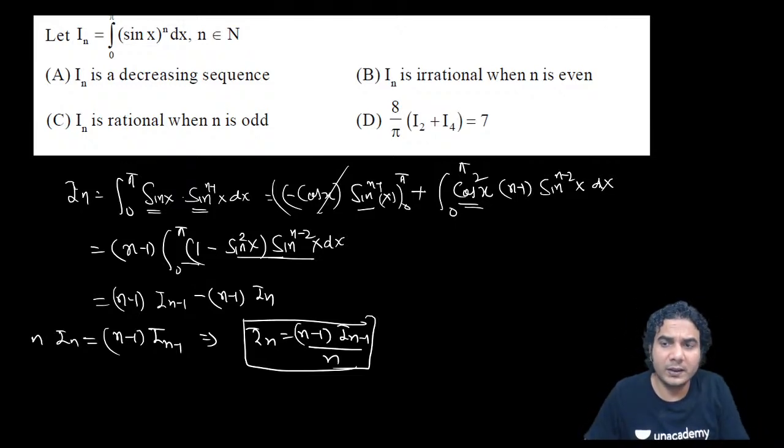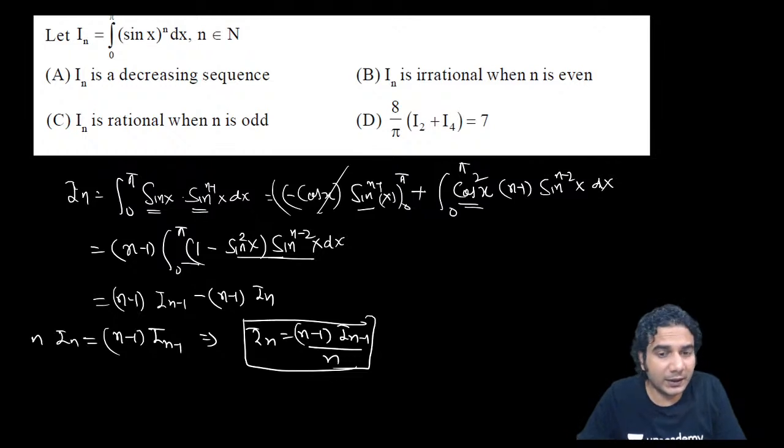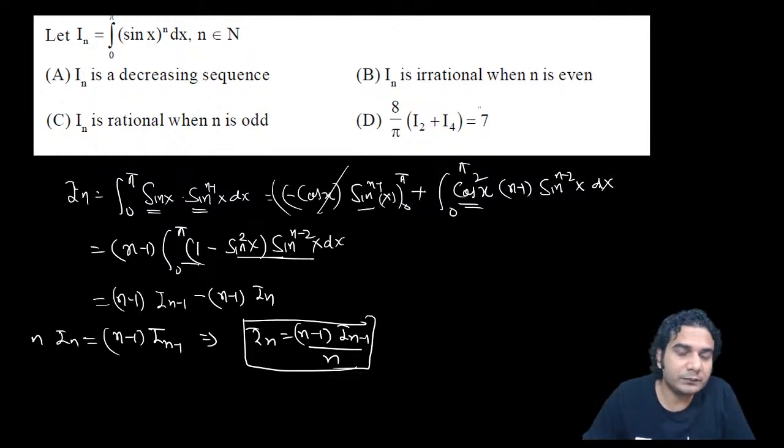So which one is greater, I_n or I_(n minus 2)? We can answer using this, as well as you can answer using the geometrical interpretation. So first let's answer using geometrical interpretation.